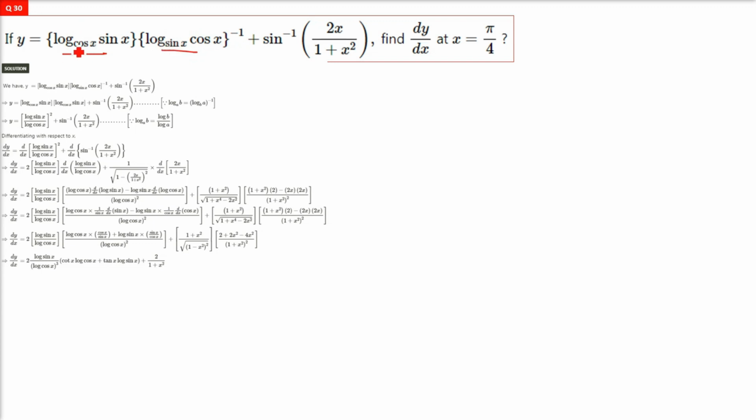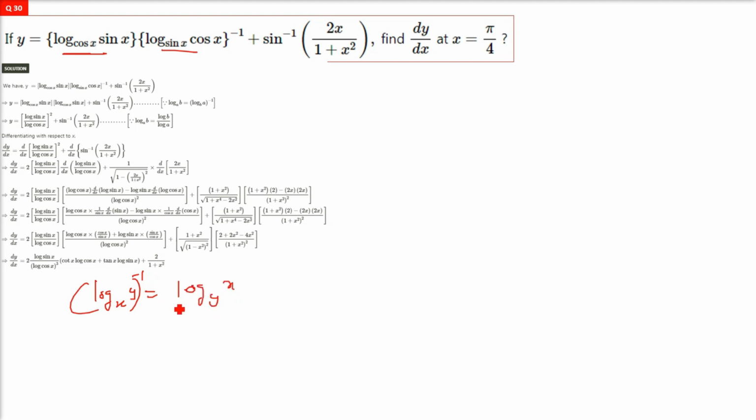So let us see. This is all log. You have to have the knowledge of the logarithmic properties. Then you will be able to solve this properly. So if the log has base x and argument y, log base x of y, and if it is to the power minus 1, this x and y can change position.